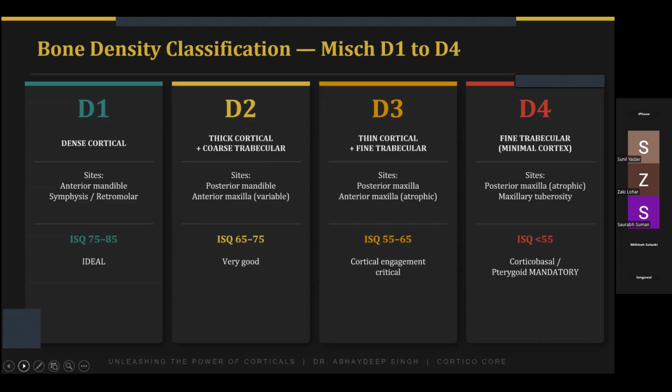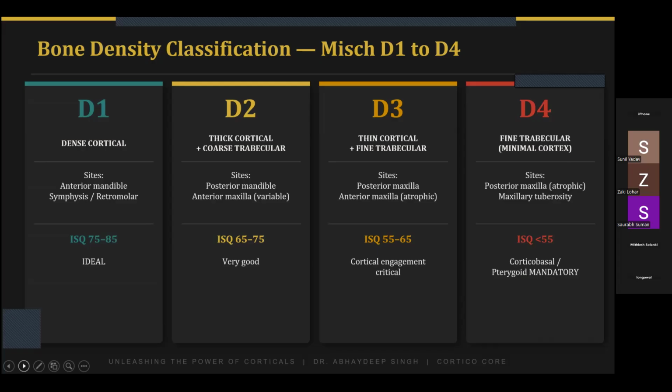That is the D2 type of bone, and it is present in the posterior mandible or the anterior maxilla area. Here you get good torque from the cortical. I'm not talking about the alveolar bone, I'm talking about the cortical bone. You get good primary stability of 65 to 75 or maybe 80 or maybe 90. And then you can load that implant immediately if you have engaged the cortical bone.